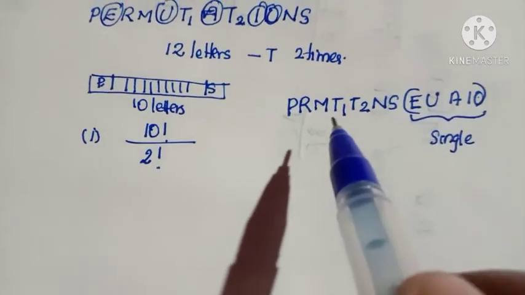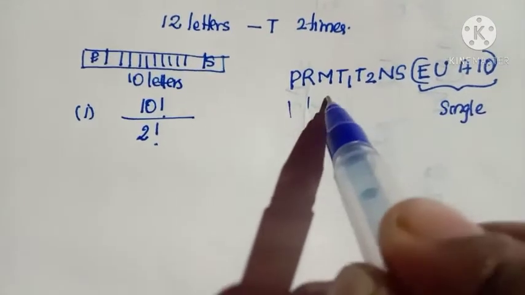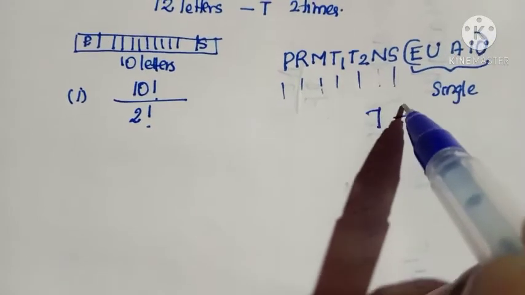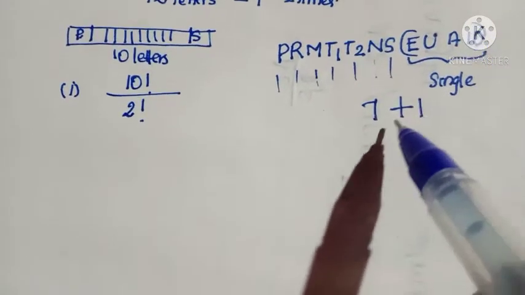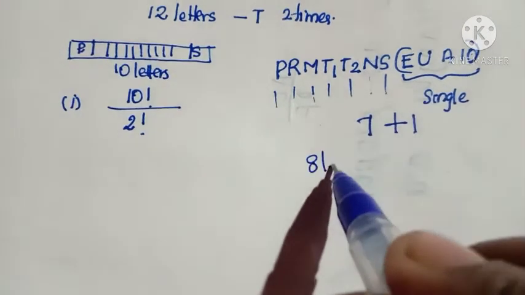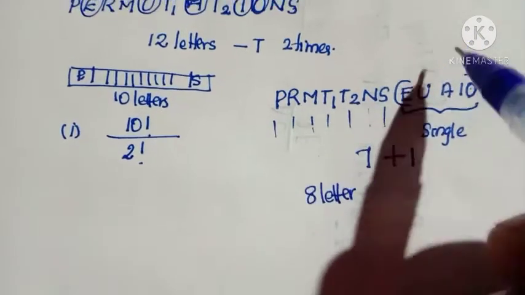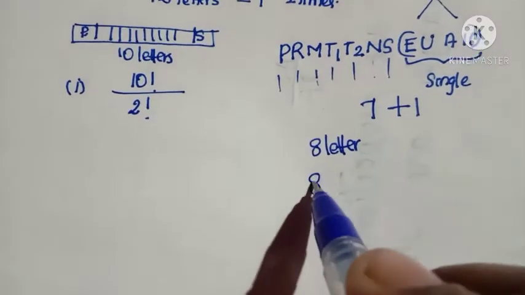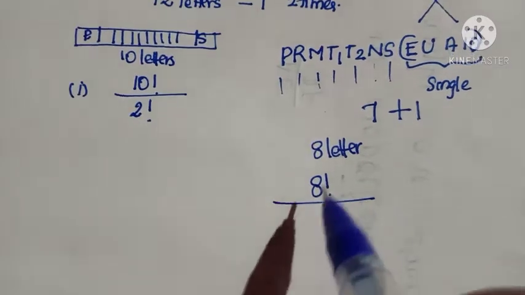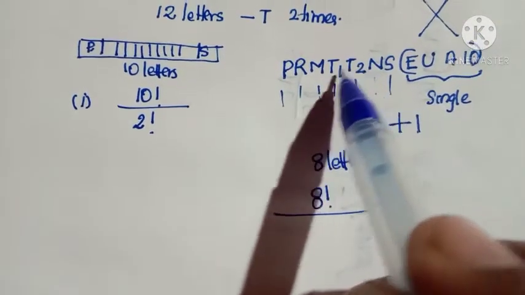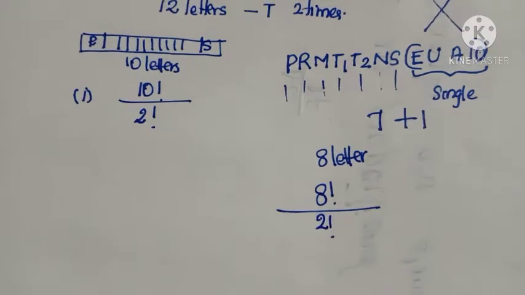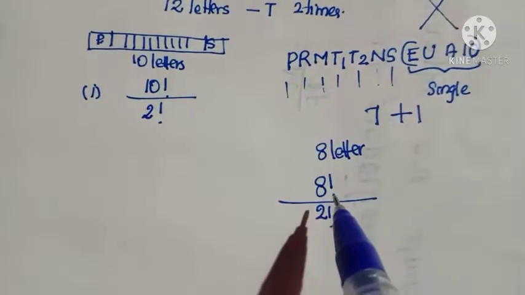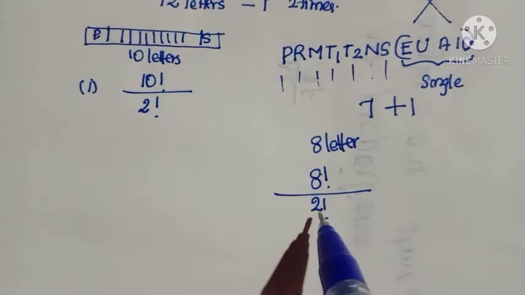Then count how many letters are there: 1, 2, 3, 4, 5, 6, 7. 7 letters plus the vowel group as 1 letter, so 7 plus 1 is 8 letters. Suppose the group is X. These 8 letters can be arranged in 8 factorial, but in these 8 letters T appears twice, so 8 factorial by 2 factorial.